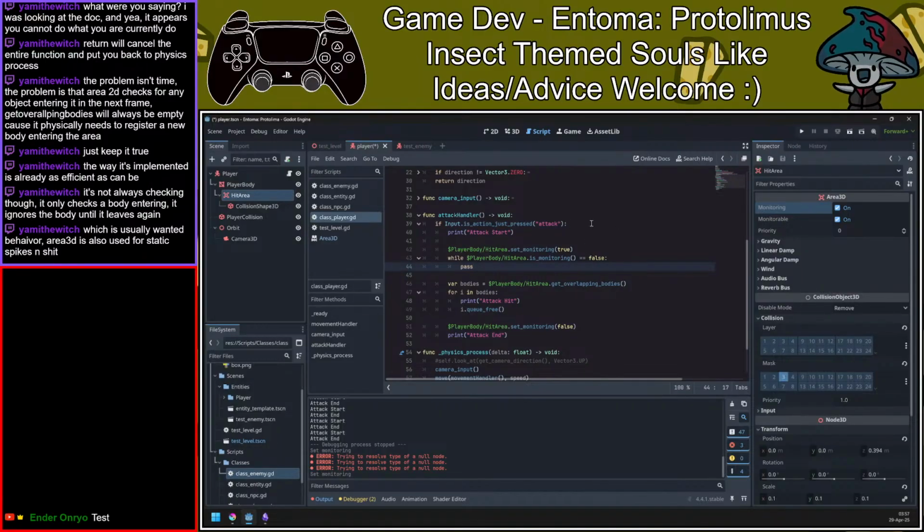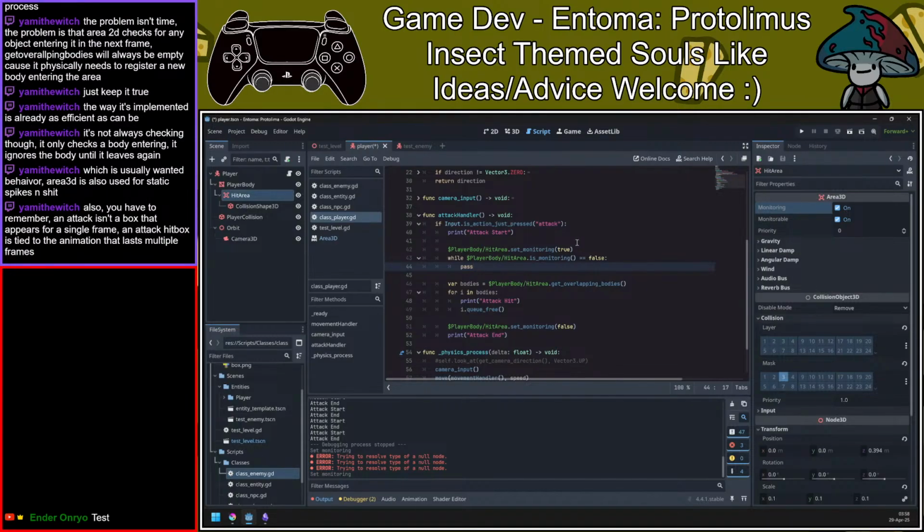Especially once we get to enemy animations where an attack hitbox only exists for like 5 frames or something. Yeah, I know animations. So we have to be able to turn it on and off. Oh, sorry, that was loud.